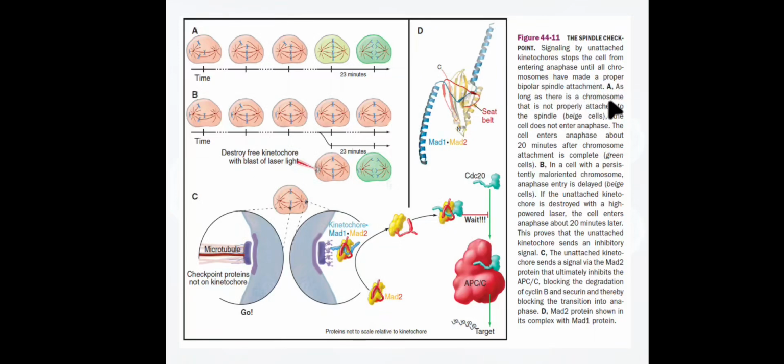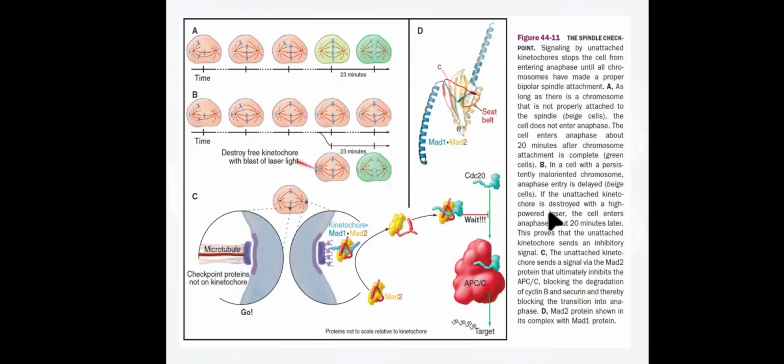As long as there is a chromosome that is not properly attached to the spindle, the cell does not enter the anaphase stage. The cell enters anaphase about 20 minutes after chromosome attachment is complete. In a cell with a persistently mal-oriented chromosome, anaphase entry is delayed.